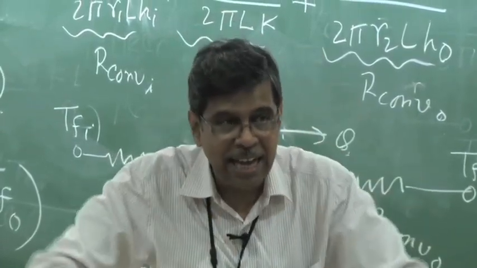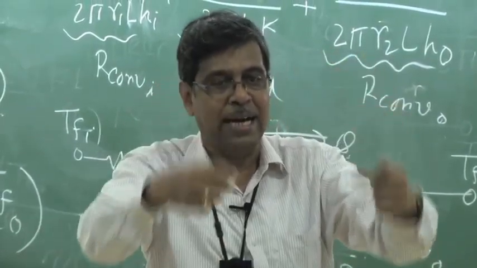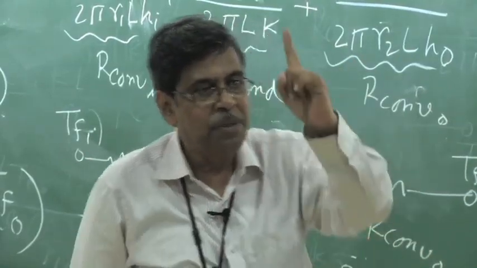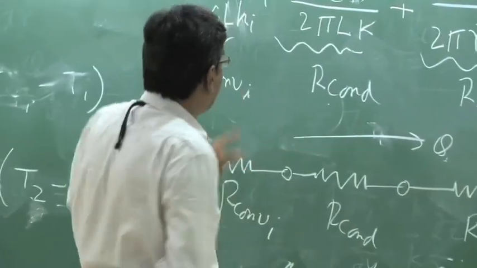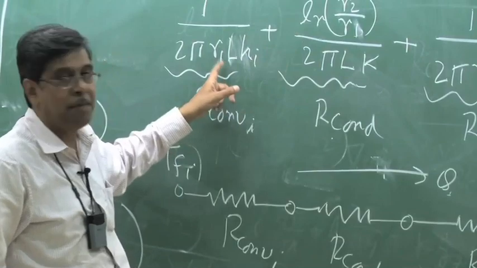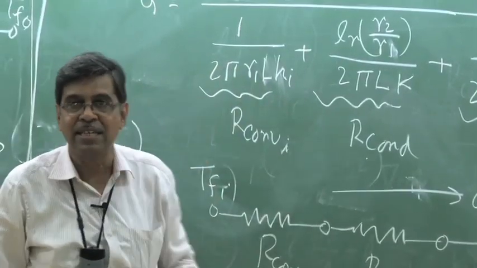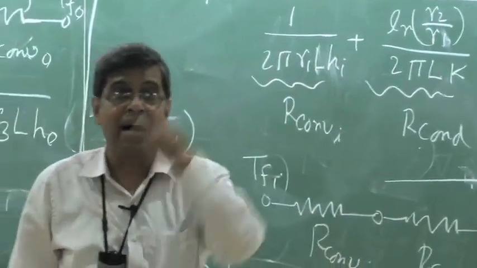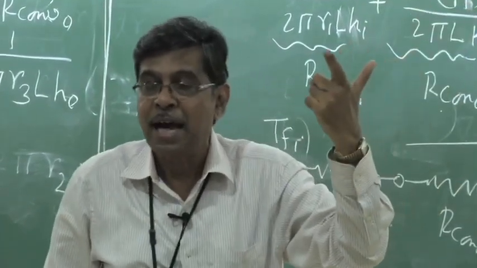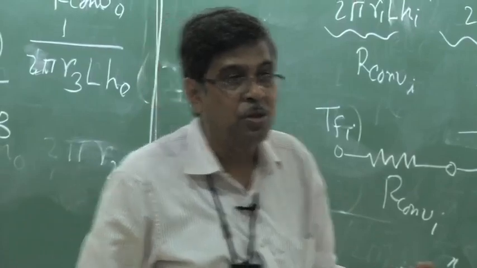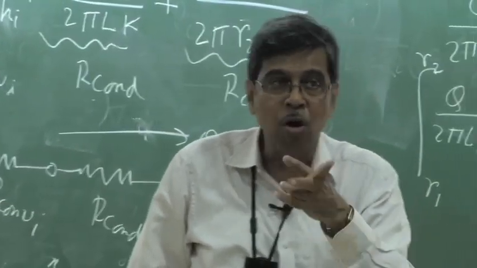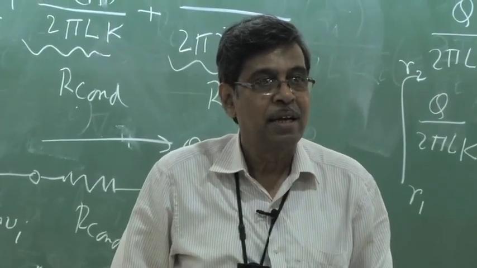But in a cylindrical geometry, if you increase the radius by adding more material, that means you are increasing the radial path for conduction, and conduction resistance increases. But at the same time, mathematically, you see the convection resistance decreases. Means the surface area from which the convection heat transfer takes place increases, and convection is directly proportional to surface area. You understand me?